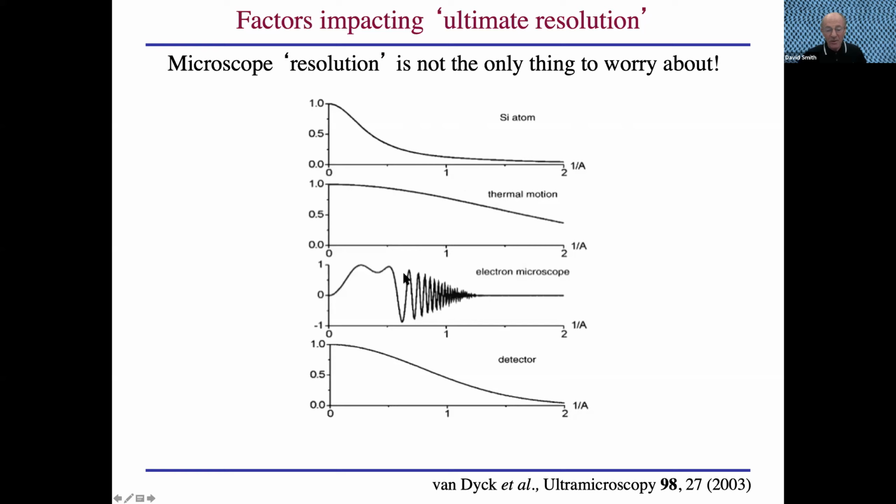The electron microscope may not have these oscillations anymore that it's aberration corrected, but sooner or later you are going to be limited by the envelope functions, be it spatial coherence or more likely chromatic effects, the beam spread, the beam energy spread. And eventually you can overcome this problem of the detector by going to higher and higher sampling spacing.